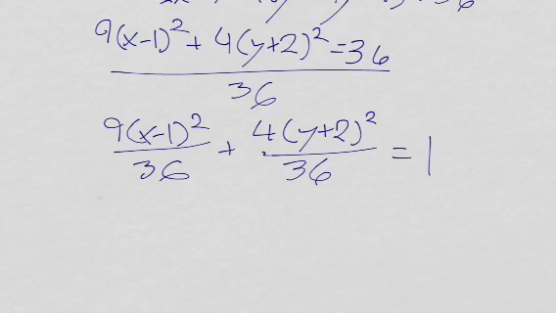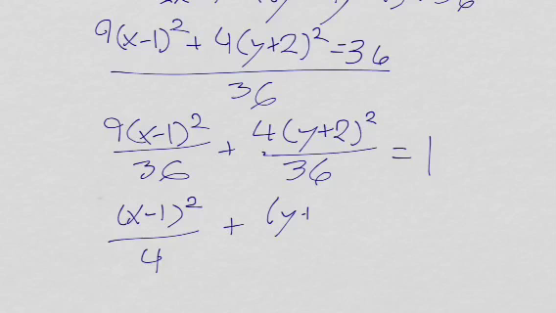And then this fraction on the left, we'll get rid of the 9, so it'll turn into x minus 1 squared over 4 plus, and then this one over here, we'll get rid of the 4, so y plus 2 squared over 9. That's just simplifying that fraction and that fraction. And then that'll be equal to 1.